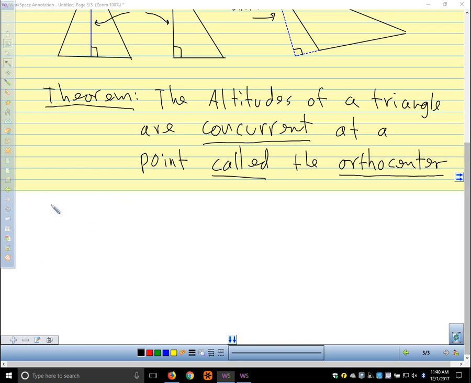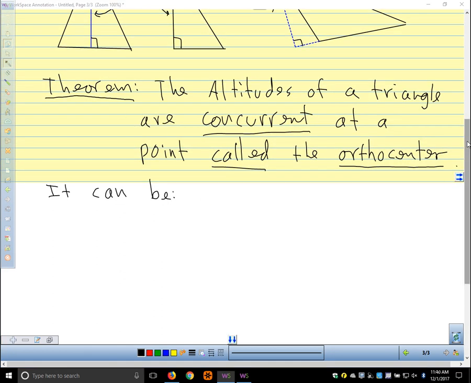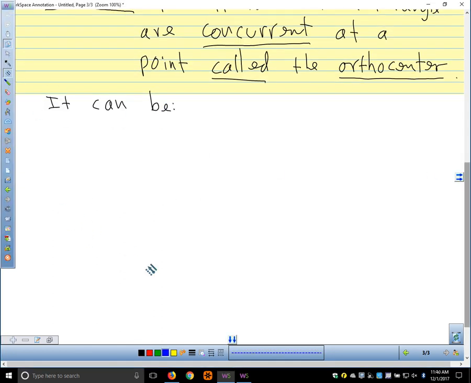The orthocenter can be in, on, or outside the triangle. So let's draw those cases. If we have an acute triangle, our orthocenter is in. So I'm going to draw 3 altitudes here.